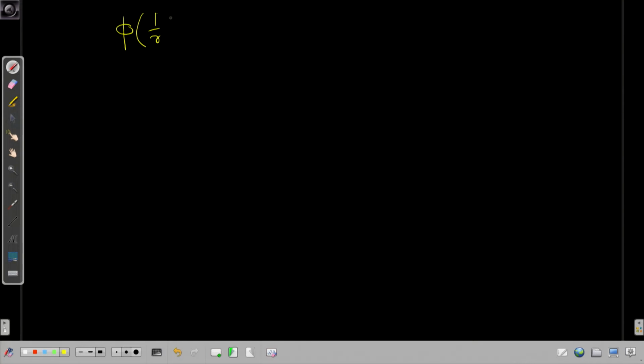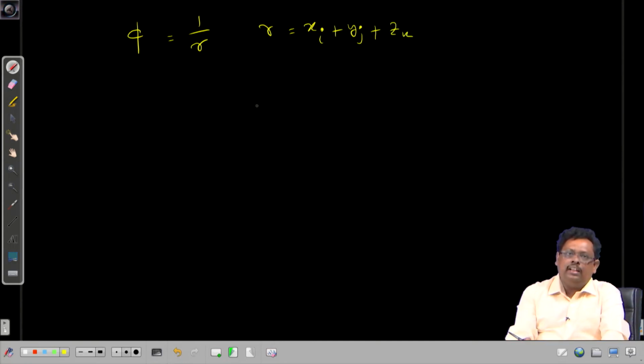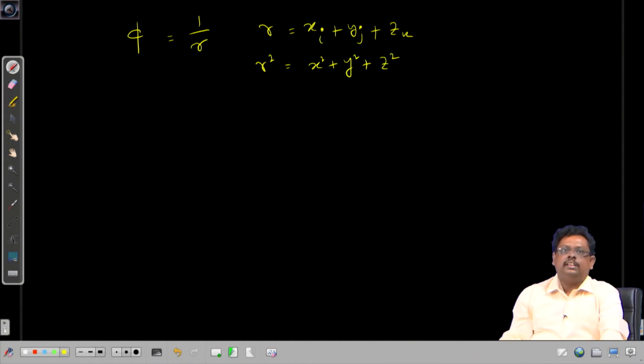this function 1 upon r, is a velocity potential or not. The definition of r is nothing but x i plus y j plus z k, and therefore r square equals x square plus y square plus z square.